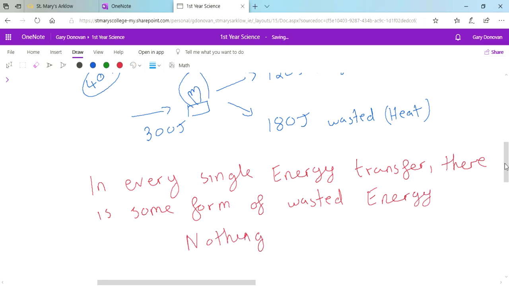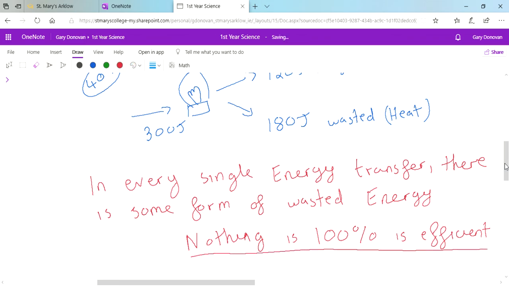If you think of the laptop in front of you now, it has a screen, and that screen is giving off light and it's giving off sound. But if you feel the laptop or computer in front of you now, you probably feel some heat at the back. That's because energy is being wasted as heat in that laptop. Usually heat is one of the most common forms of wasted energy. So nothing is 100% efficient, and often energy is wasted as heat or sound. They're the two most common forms that energy can be wasted as.